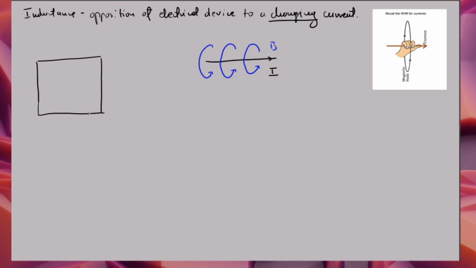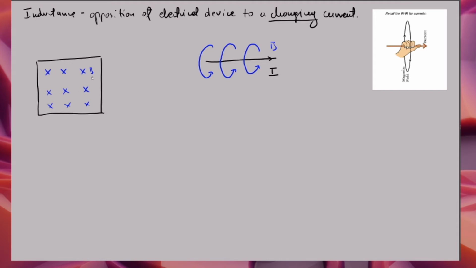Note that this loop is not connected to any battery at all. It's just 4 wires that are connected into one loop. Then let's say that we bring in a magnet, and we point the magnet into the screen such that the magnetic field of that magnet points through the loop. That points like this. Right? So there's magnetic field B that points into the loop.